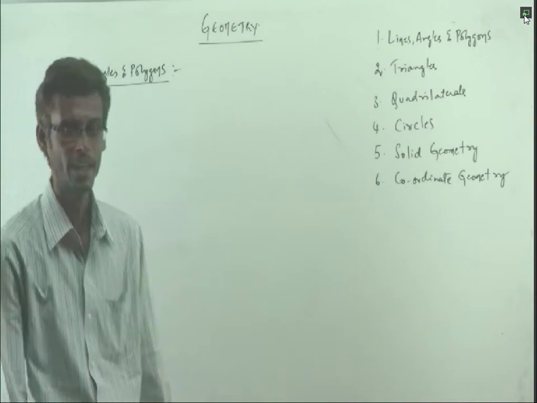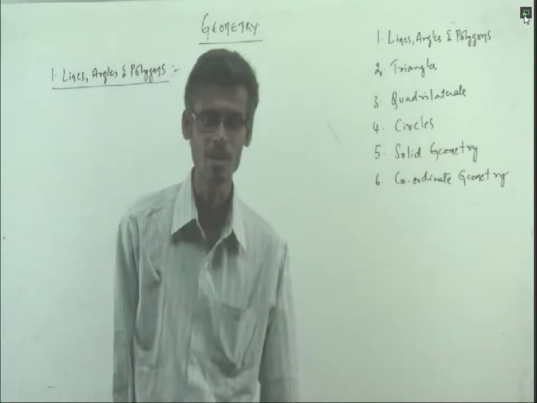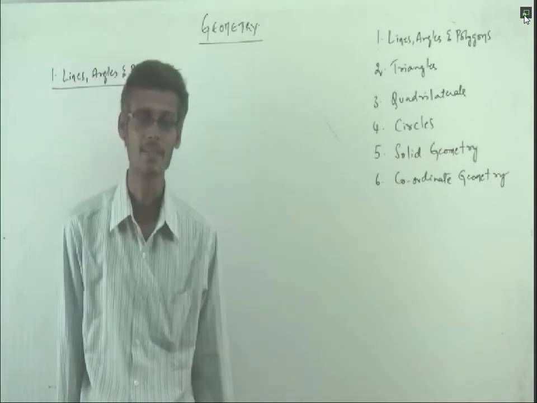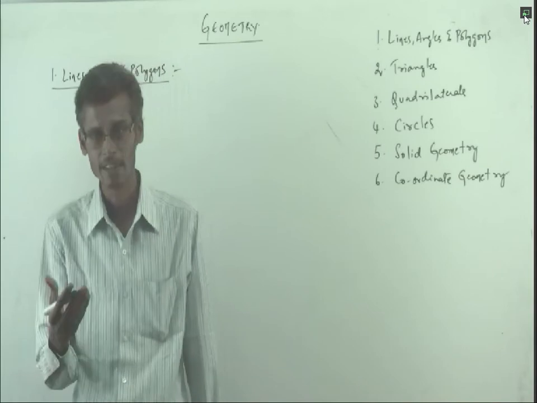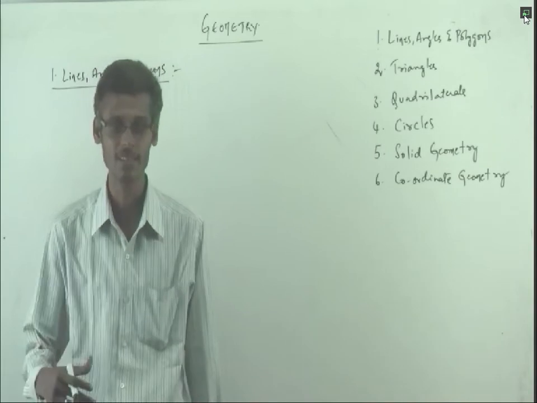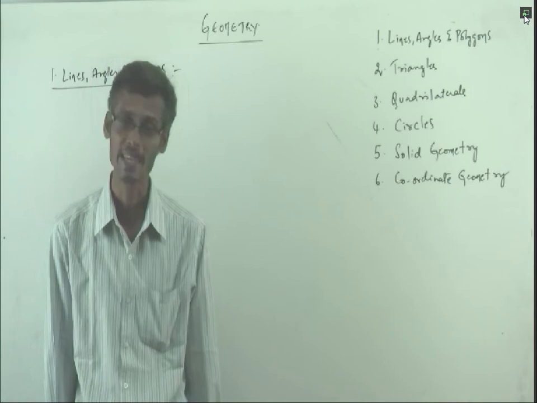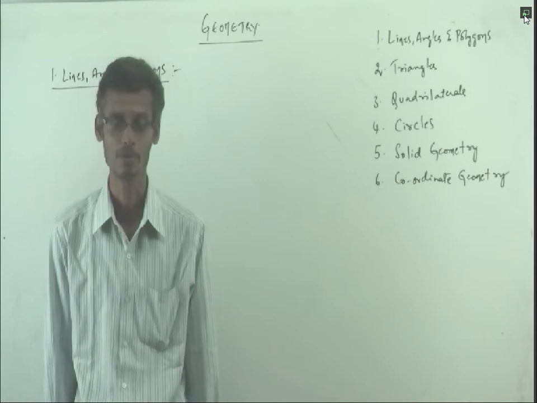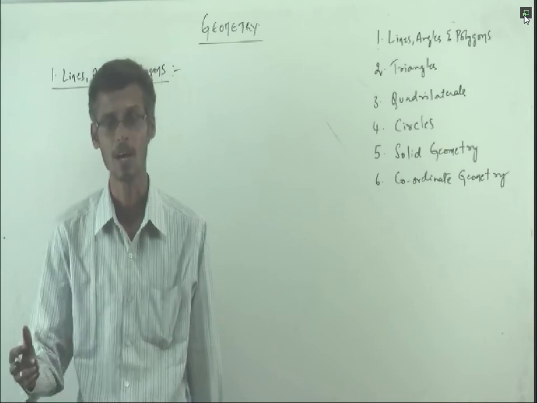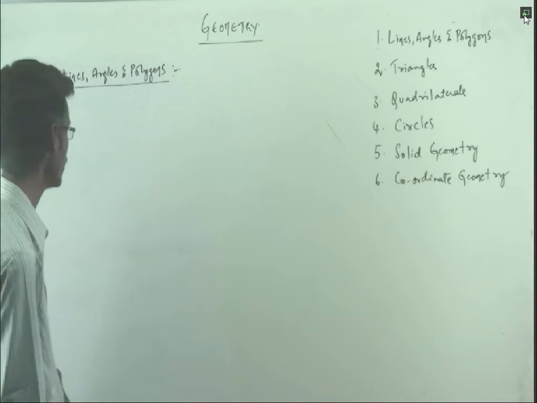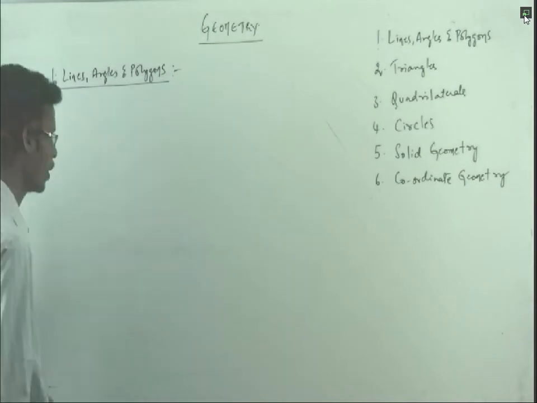Most of the students, while trying to learn the basic concepts of lines, angles, and polygons, try to memorize the concepts by heart. So they are not able to apply the same concepts logically when they proceed to the further or advanced chapters.